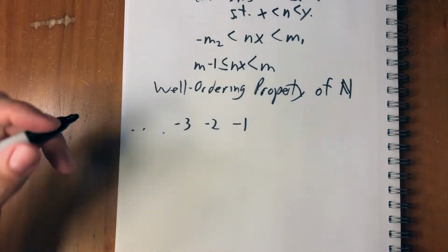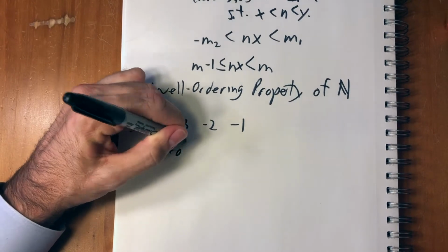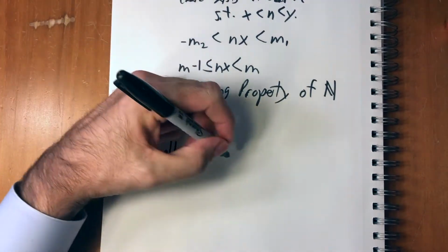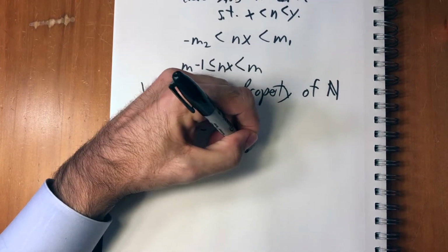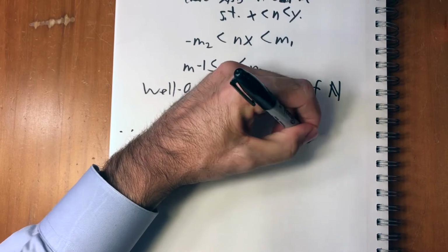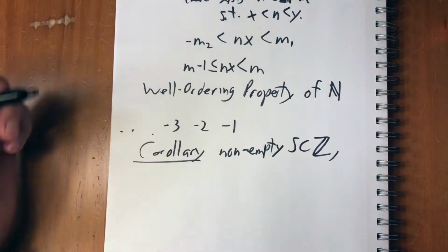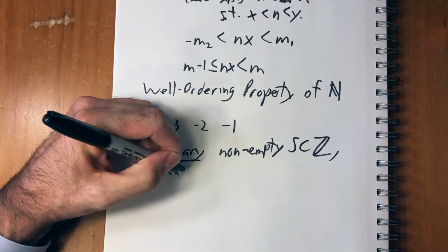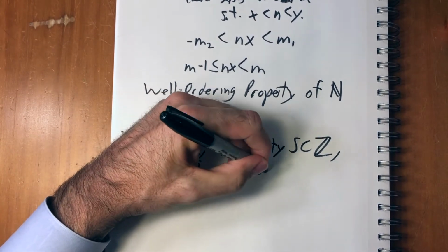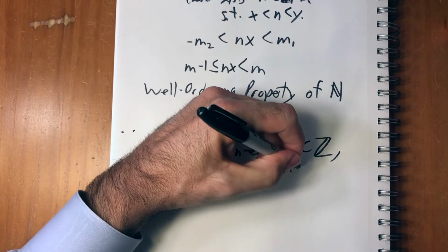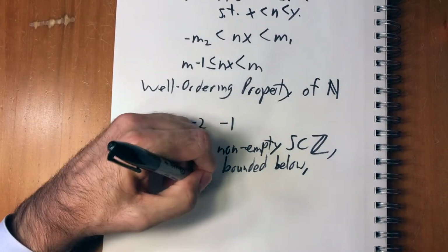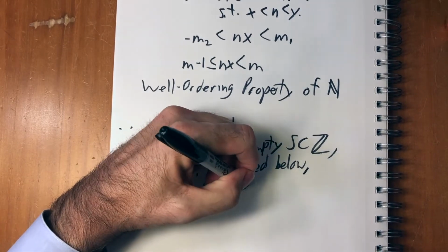But the corollary that we're going to show is that any non-empty subset of the integers which is bounded from below does have a minimal element.